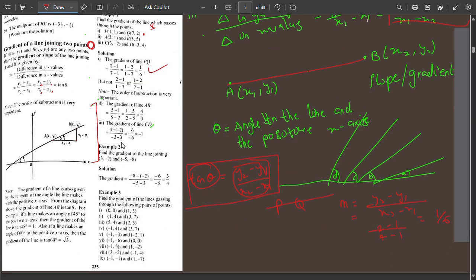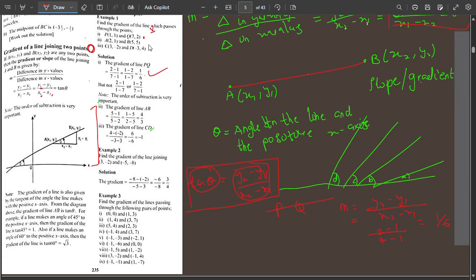In the next example, find the gradient of b. You do the same thing. We have y2, which is 5, minus 1, over x2 minus x1. So we have 4 over 3 as our gradient, and that is here. So we are right.